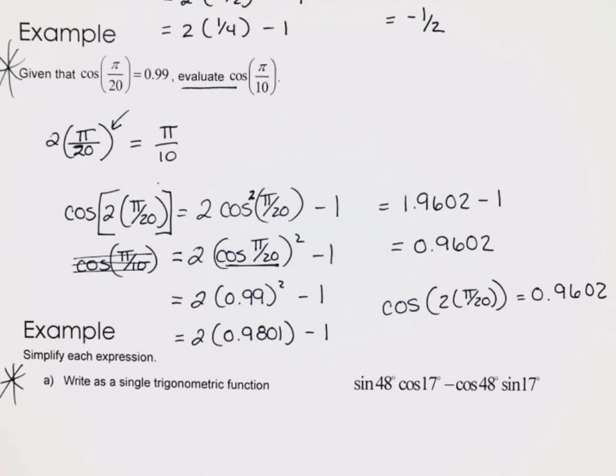Okay, looking at this, can you identify what sum or difference identity this is? Well, we can't evaluate it if we don't have a calculator, right? Sine alpha plus beta.